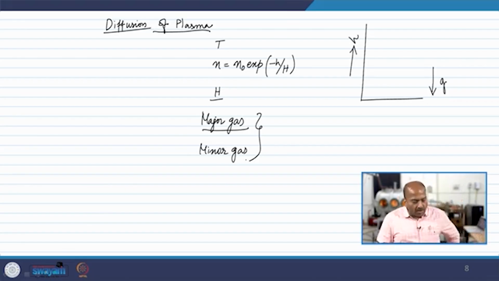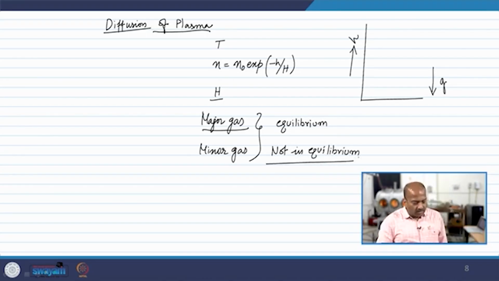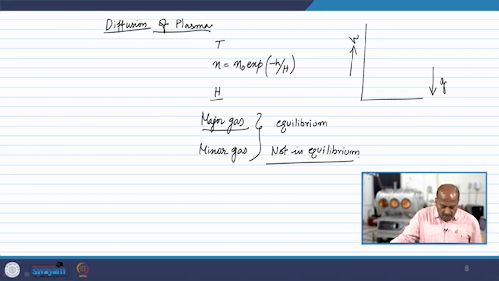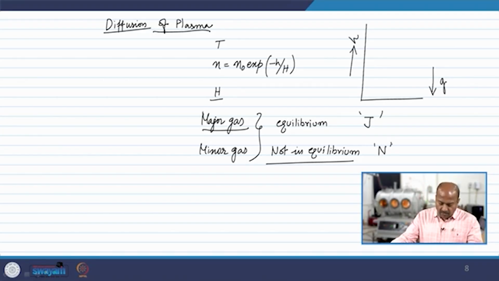We will consider a major gas which is in equilibrium and a minor gas which is not in equilibrium. Now, let us consider a situation when there is no gravitational field, okay, and the major gas is represented by J and the minor gas is represented by N. Let us say the major gas J is at rest with respect to the distance.